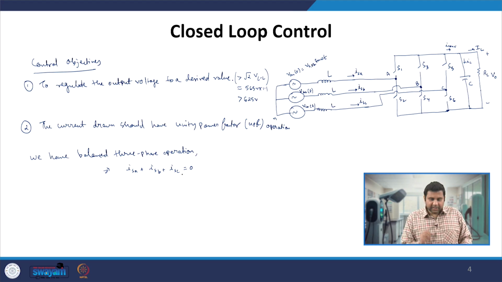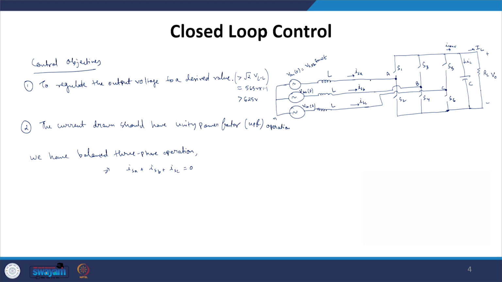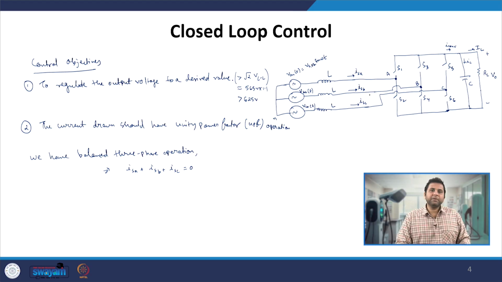And if this is the scenario, then let us see, if I am trying to control the phase current in A phase and B phase, automatically the C phase current will be determined by the amount of controlling I am doing at the A phase and B phase current. And similarly, if I am doing it for B and C phase, the current in the A phase will be determined by the controlled value at B and C phase.